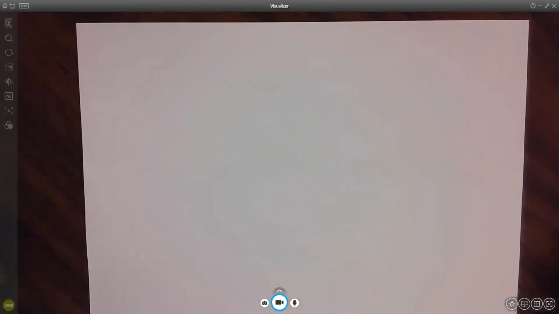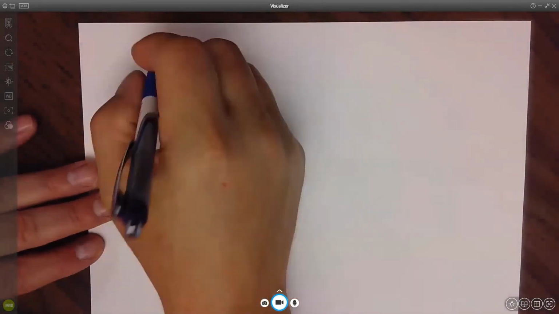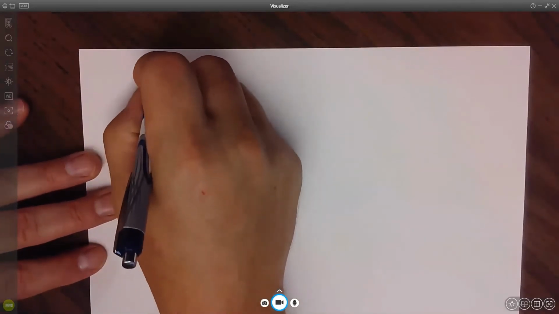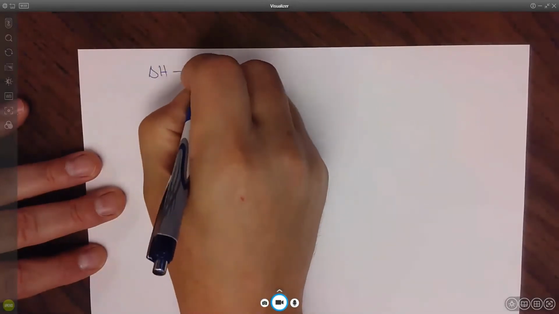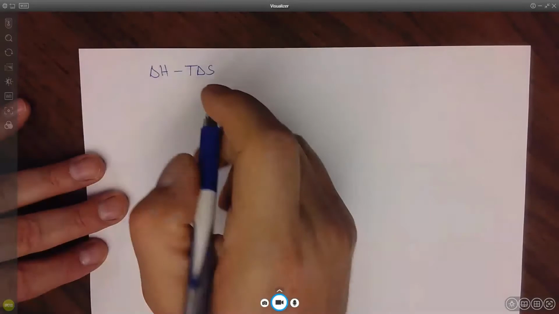So Clausius actually came along and said, well, we can have a spontaneous reaction if the enthalpy minus the absolute temperature times the entropy change of the system is less than 0.